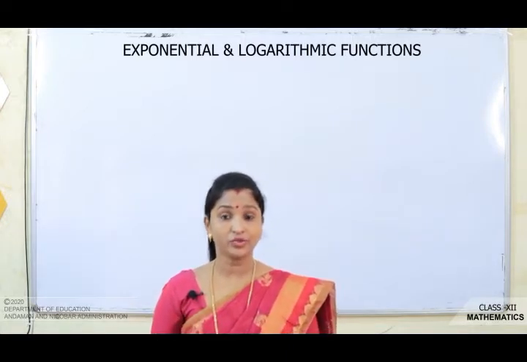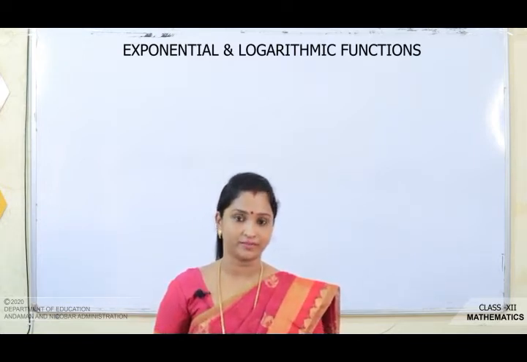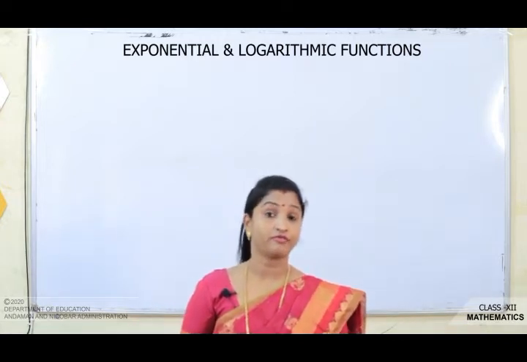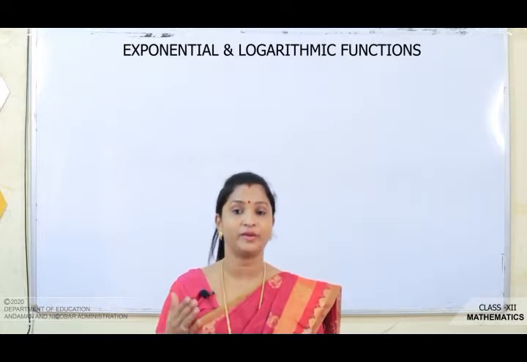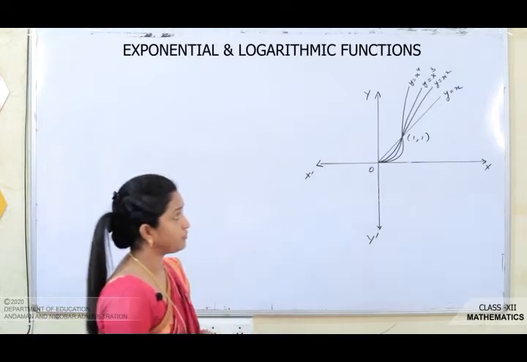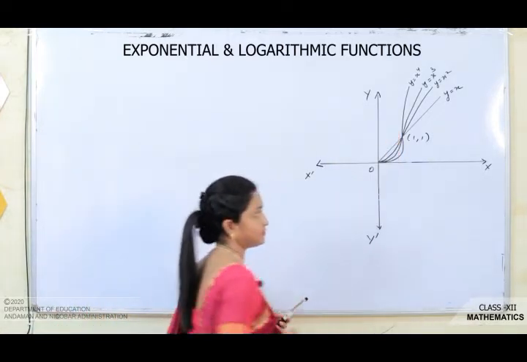Before going to the definition, let's see the basic concept of exponential function. Now let's see how we can plot the graph of a polynomial function. How does a polynomial function look if we plot its graph? We will see that first. If you see the graph of a polynomial function here, y is equal to x is a straight line.